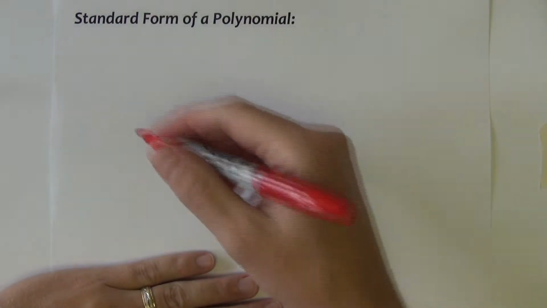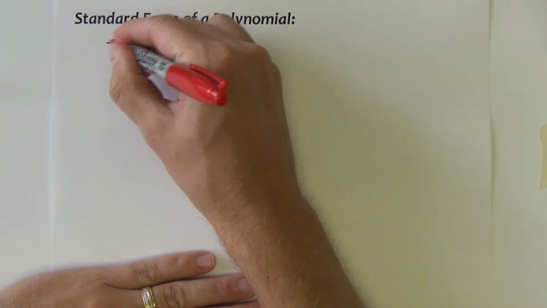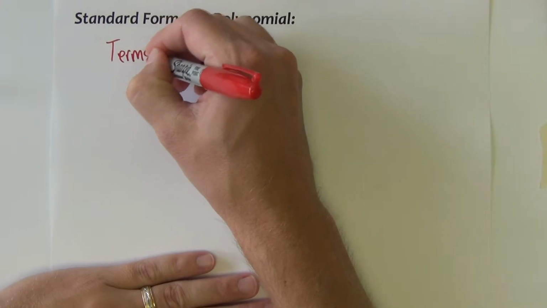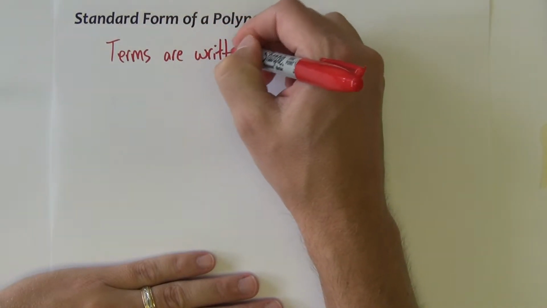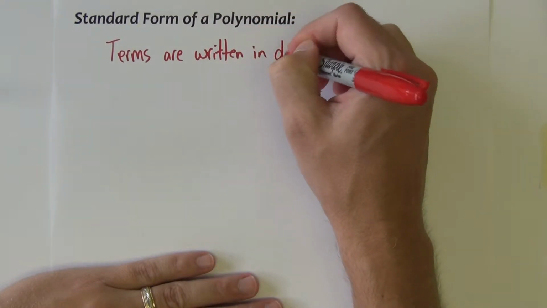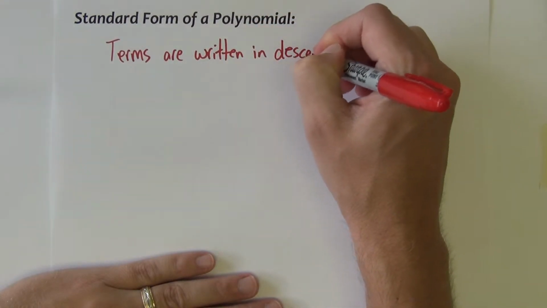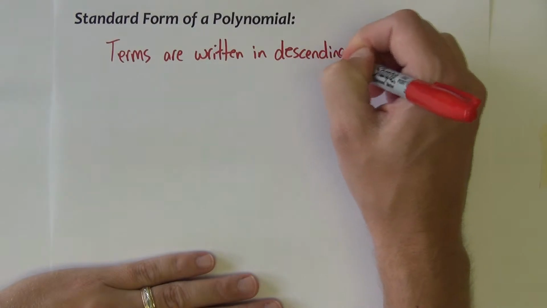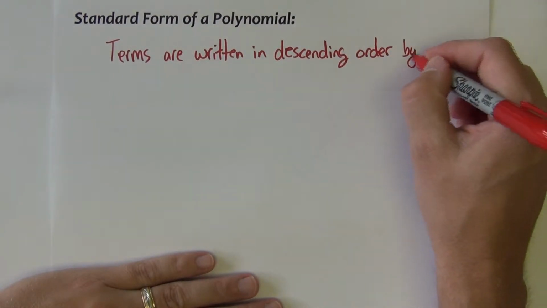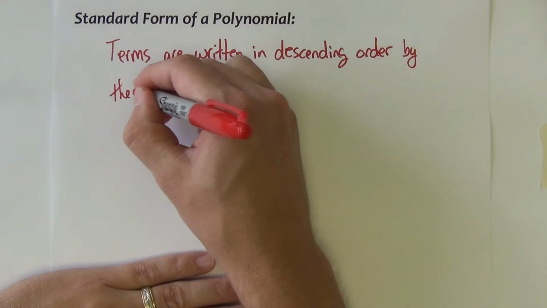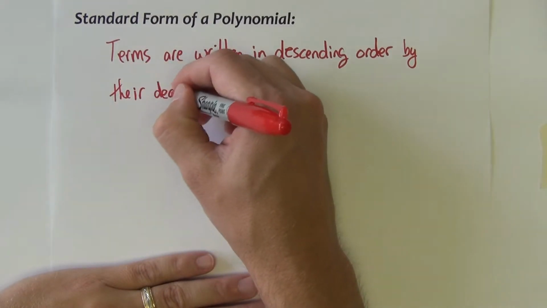Standard form of a polynomial would be one in which the terms are written in descending order. And let me be more specific. Descending order by their degree.